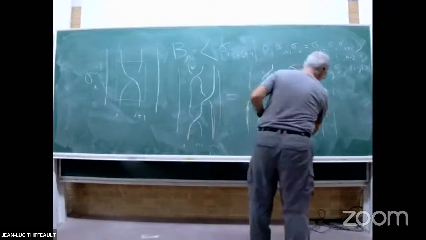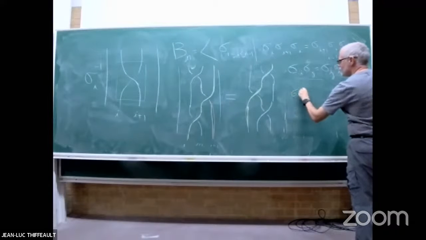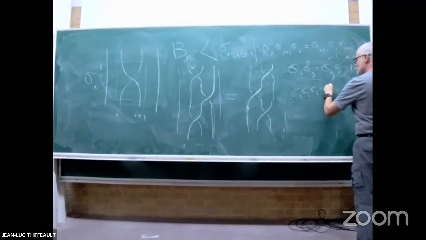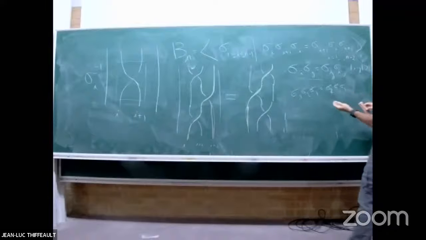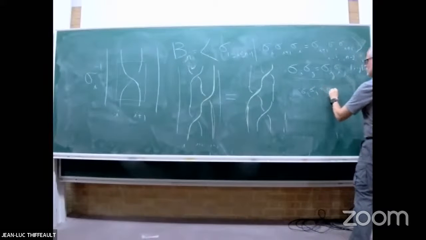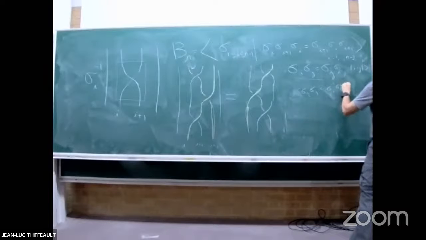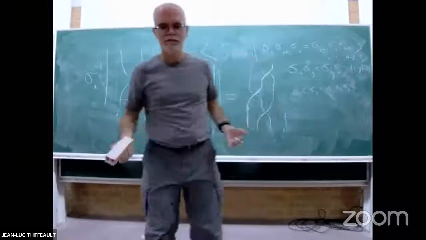Because in a way it's not, because I could rewrite this relationship, right? Sigma 1, sigma 2, sigma 1 equals sigma 2, sigma 1, sigma 2. I could multiply by sigma 1 inverse on both sides. But that's exactly the same relation.